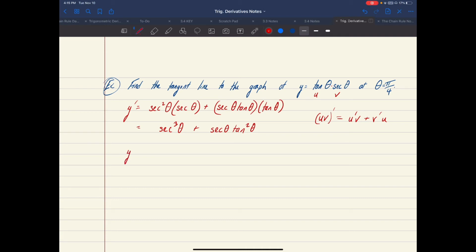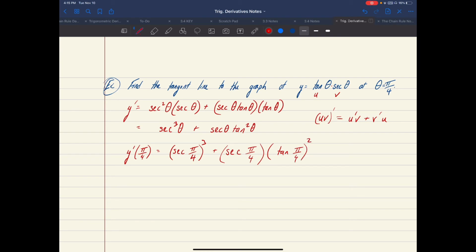So y prime of pi over 4 equals secant cubed of pi over 4. I'm going to write this differently just so I can clearly see what I'm doing. Plus secant of pi over 4 times tangent of pi over 4, and that's squared as well.